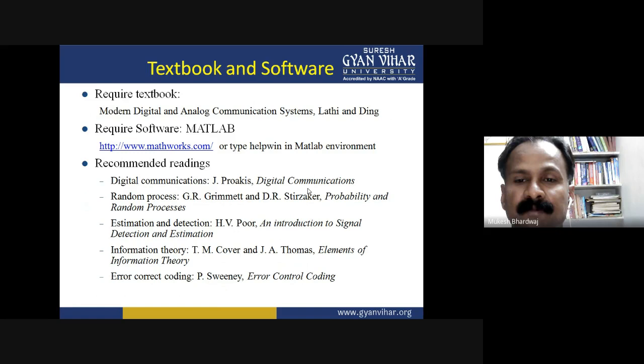Recommended readings: Digital Communication; Random Processes, G.R. Grimmett and D.R. Stirzaker, Probability and Random Processes; Estimation and Detection, H.V. Poor, An Introduction to Signal Detection and Estimation; Information Theory, T.M. Cover and J.A. Thomas, Elements of Information Theory; Error Correction Coding, P. Sweeney, Error Control Coding. So these are some recommended books, readings and references.